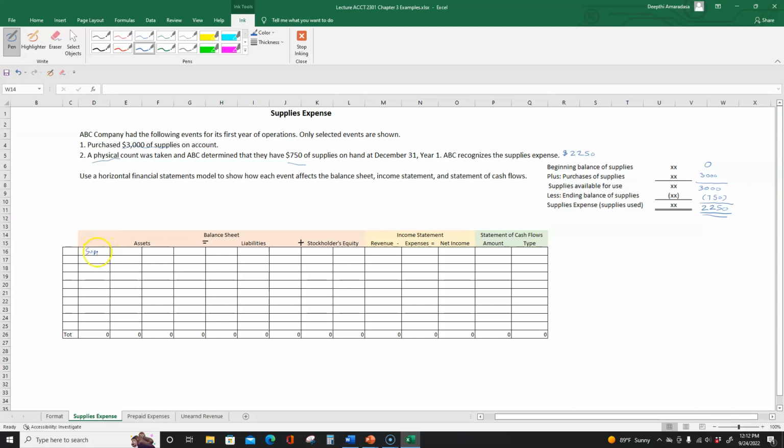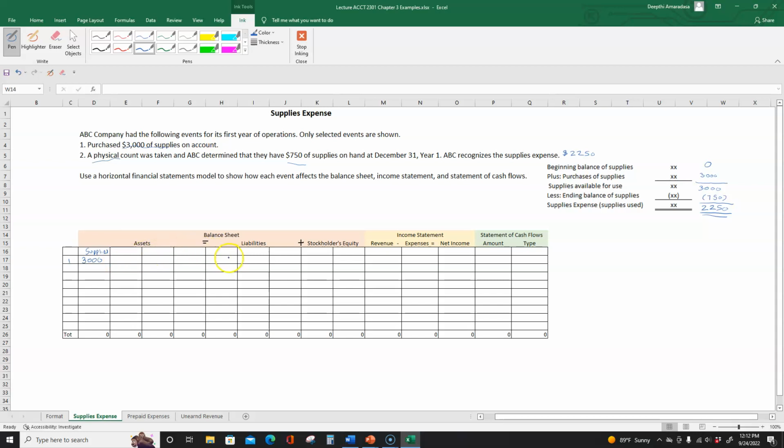Under asset, I'll just put supplies in the first column since we're only looking at selected transactions. For transaction 1, our supplies increased by 3,000, so I'm going to put that as a positive number. What else happened? We purchased supplies on account. We didn't pay cash, we purchased on account. So now we have a debt.